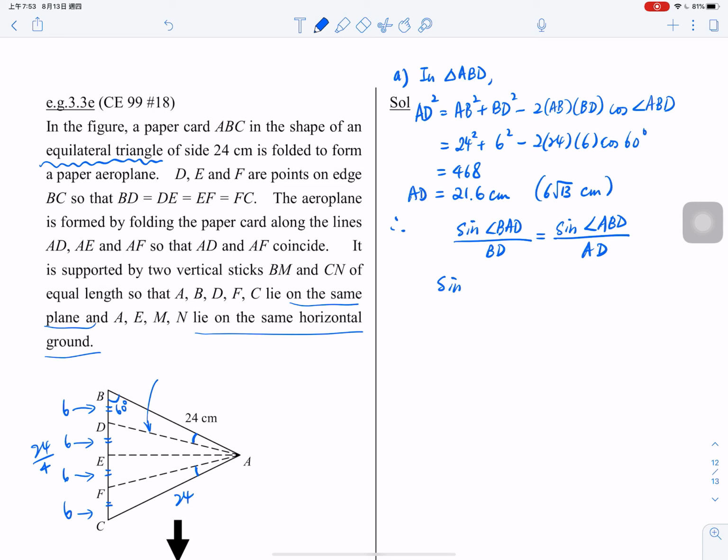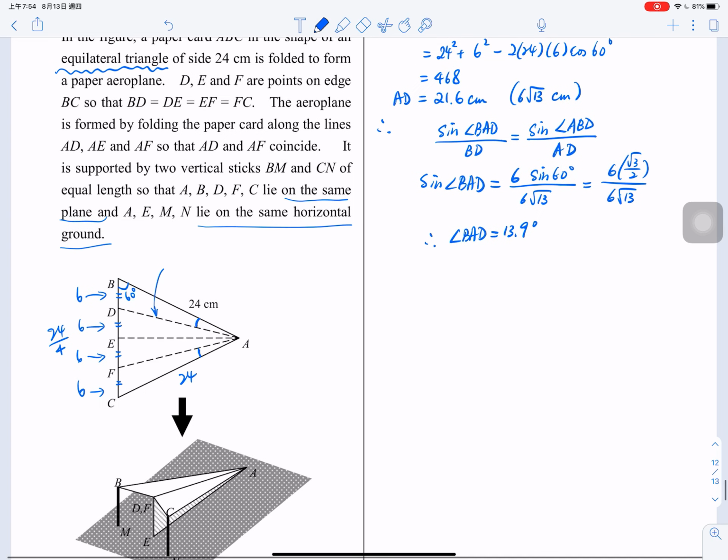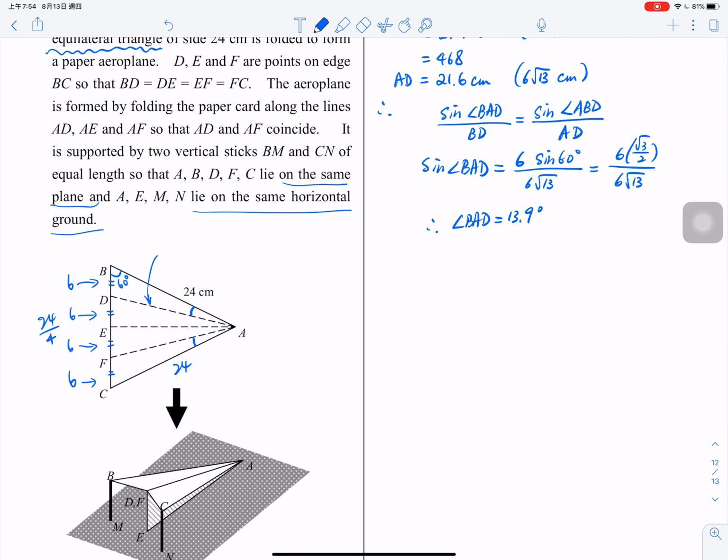So sine angle BAD equals 6 times sine 60 degrees over just now 6 root 13. You can substitute the values. At the end, angle BAD equals 13.9 degrees. Yeah, now we know about this one.